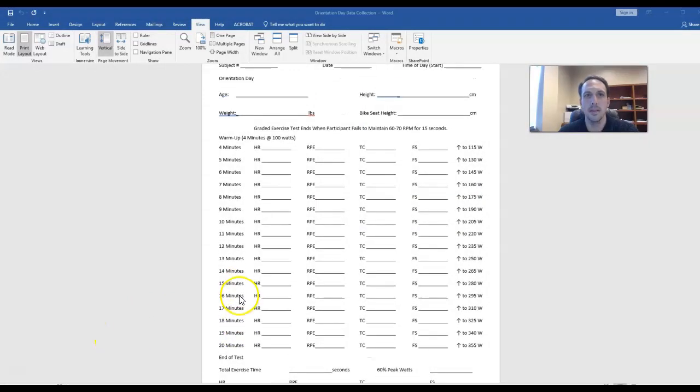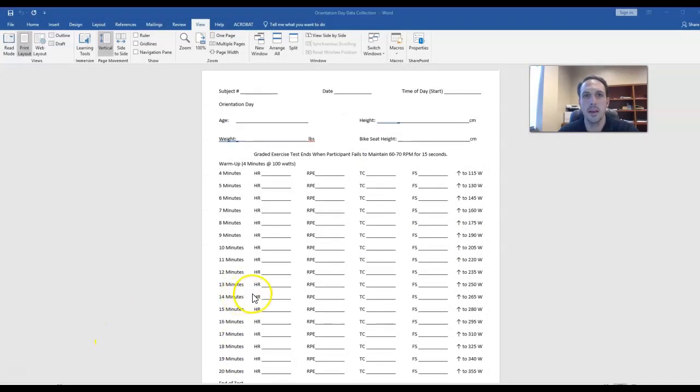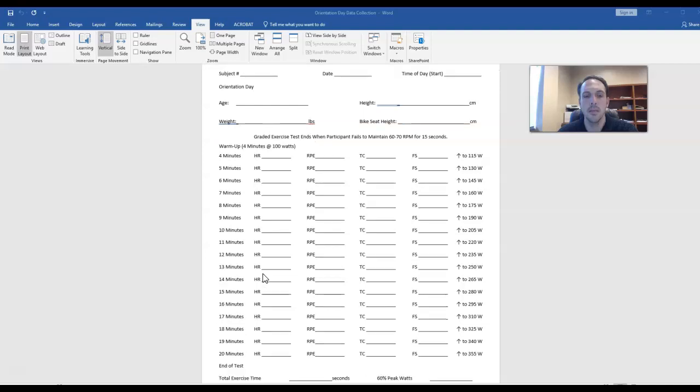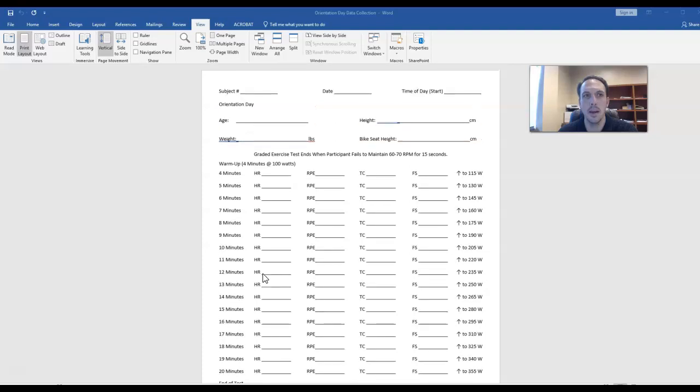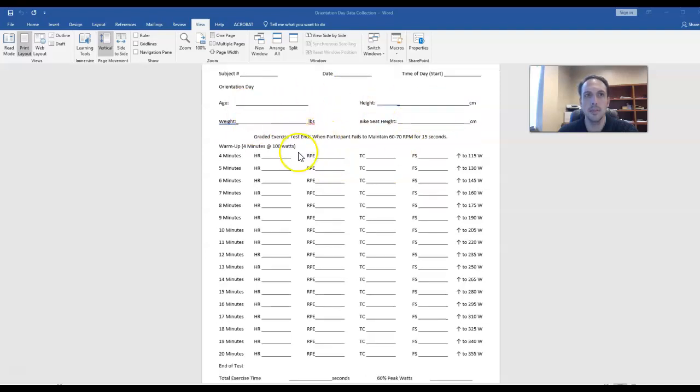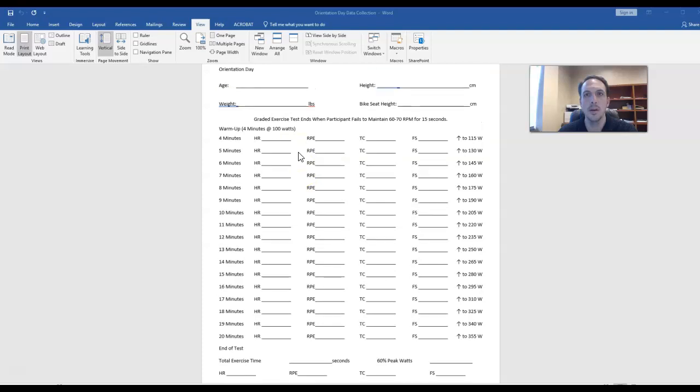So let's take a look at just an example of a data collection sheet that I've used in the past. This is a data collection sheet that I created for this graded exercise test that is preceded by a 20-minute workout. So during orientation day, we collect some of the baseline measurements that'll be the same regardless, and we also record, in this case, the bike seat height.